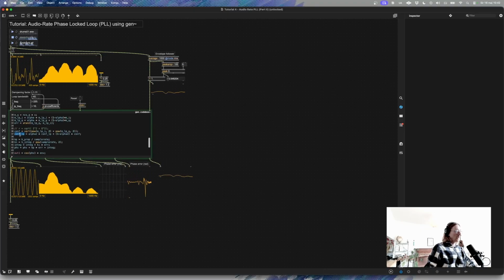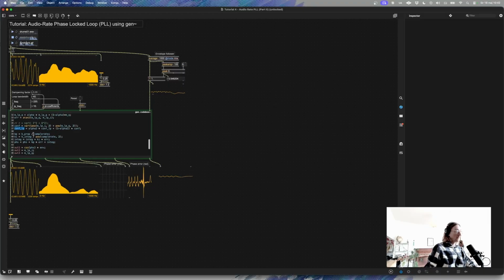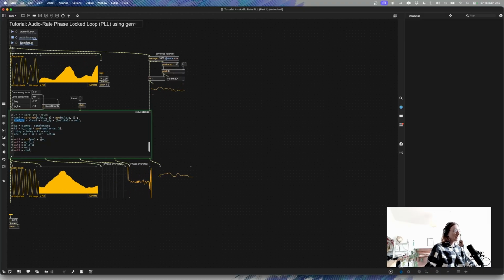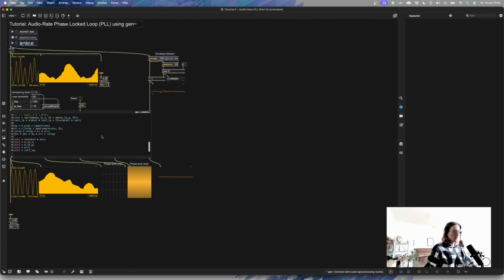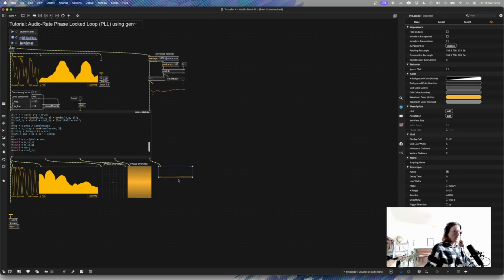So now if we output the low pass confidence, we see a bit smoother value.